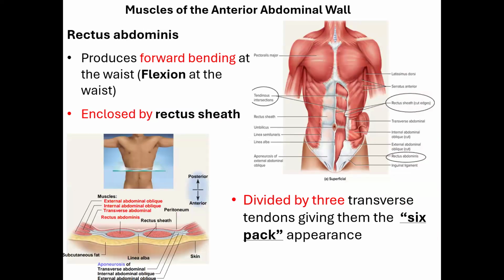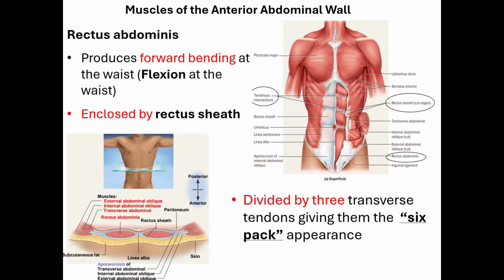Let's move down into the abdomen. So we all know about the rectus muscles, okay? And these are the muscles here right in front. What does it cause? The bending. What is bending called? Flexion, okay?